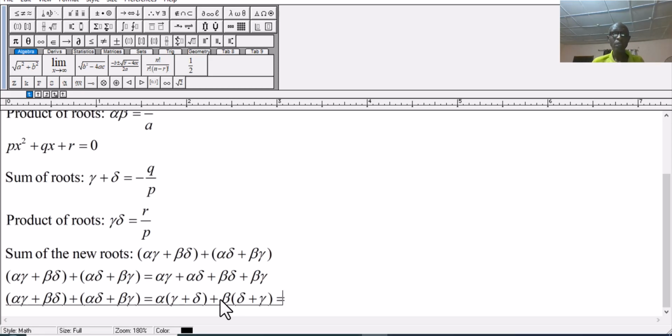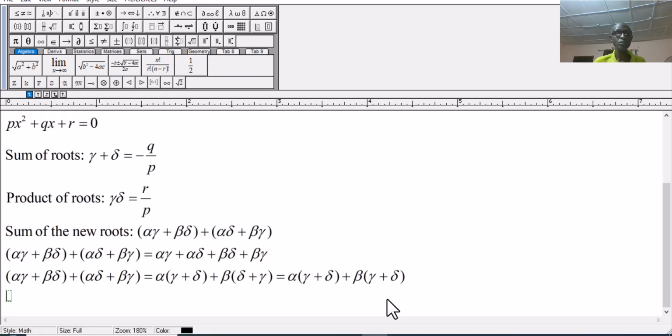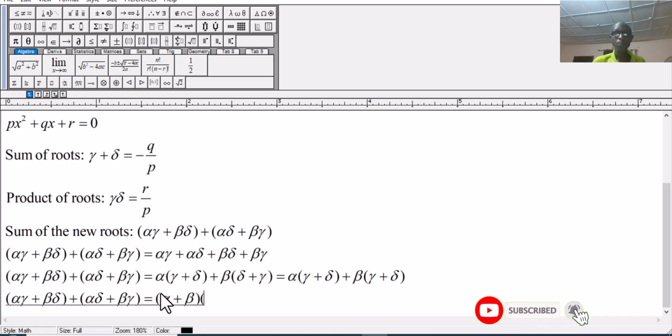So what I have here is alpha plus beta, bracket closed, times gamma plus delta.